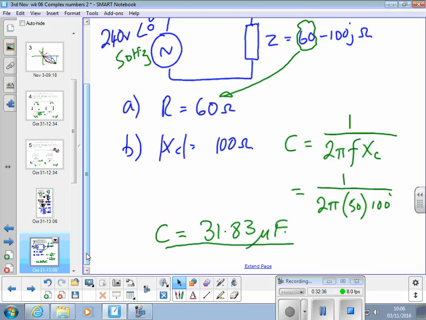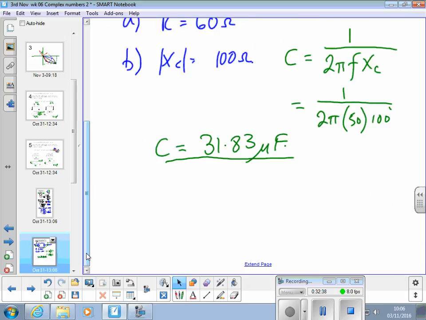So, part C says the magnitude of impedance.